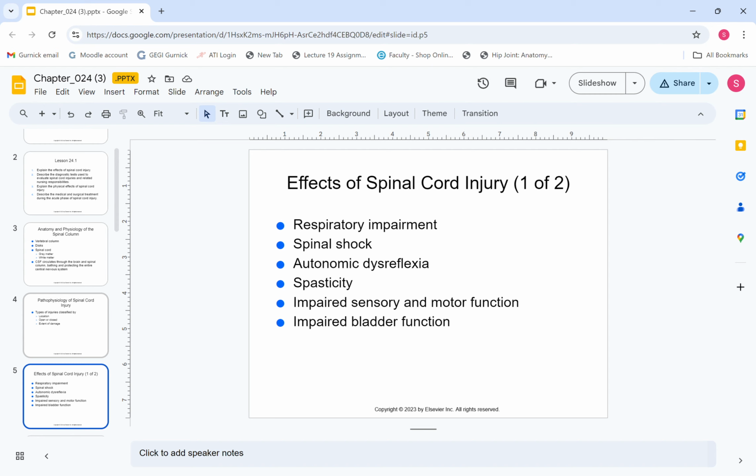What is autonomic dysreflexia? This is an overstimulation, overreaction of your sympathetic nervous system. Your sympathetic nervous system gets triggered, and usually when that happens, sooner or later, your parasympathetic gets stimulated to calm the sympathetic nervous system down.